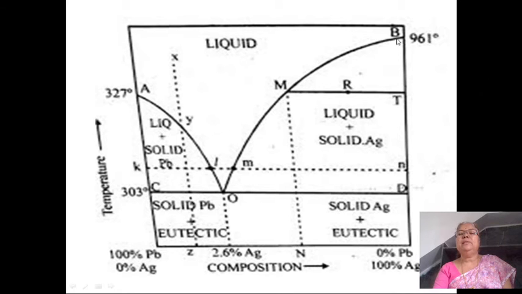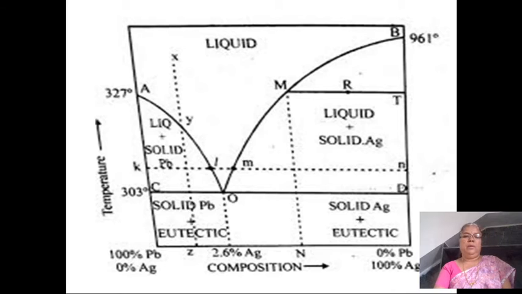Then at this B point, it is the melting point of silver and it is 961 degrees centigrade, and here we have 100% silver and 0% Pb.